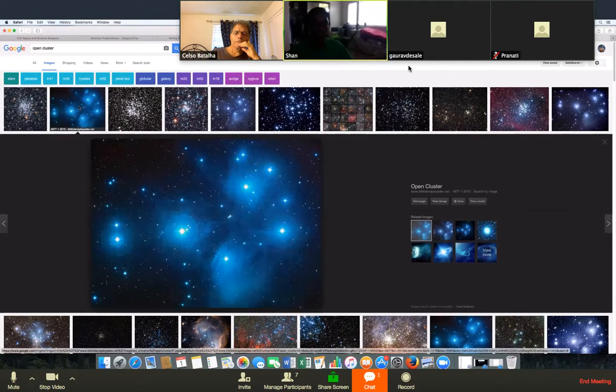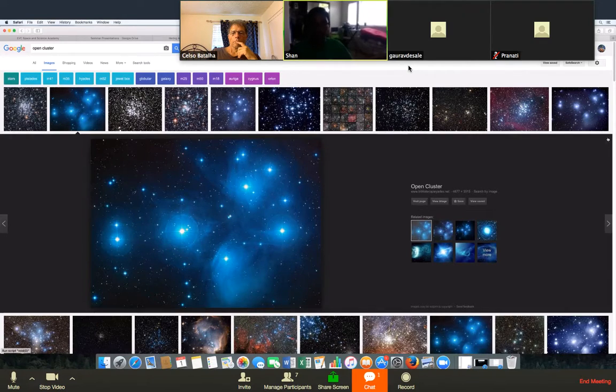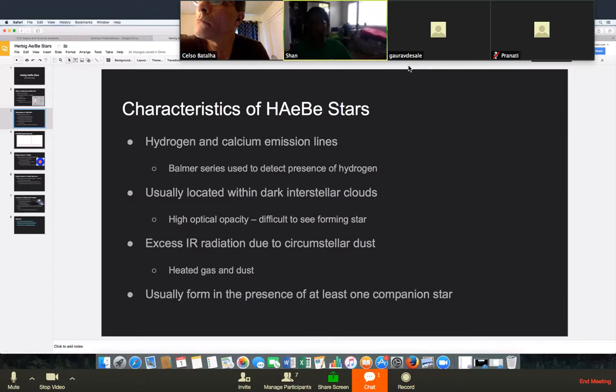But unlike globular clusters, open clusters usually have very few stars, but they're all very bright. And as we know, a Herbig star is very bright because it has a spectral type of A or B. So Herbig stars are in open clusters. That's pretty much what I'm trying to say. So, back to the presentation.